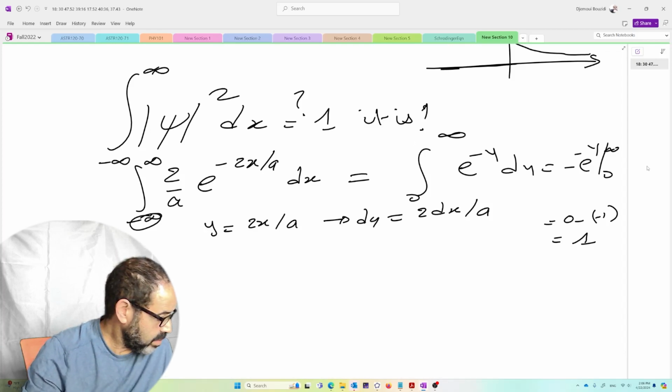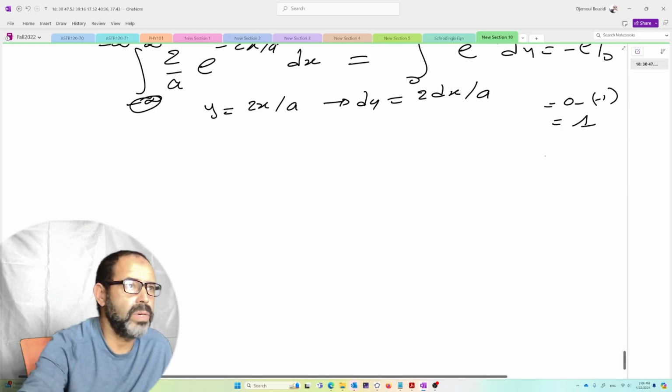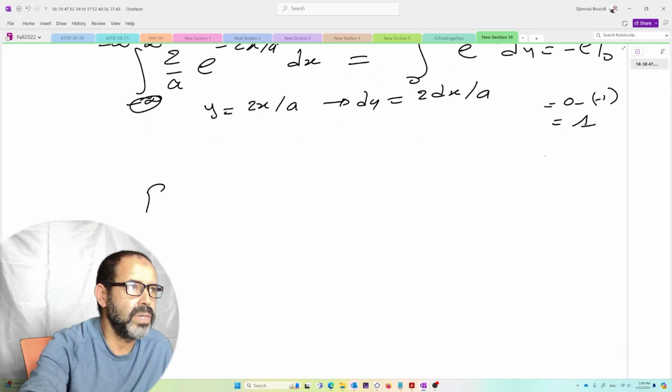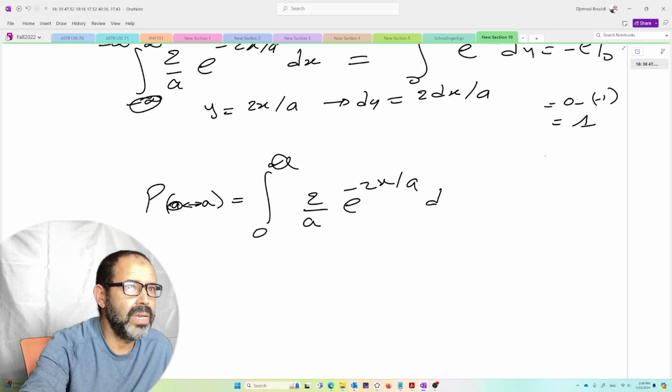And then find the probability of the particle between 0 and a. You're going to do the same thing, except for the boundaries of integration. So the probability between 0 and a is equal to the integral from 0 to a only of 2 over a exponential of negative 2x over a dx.